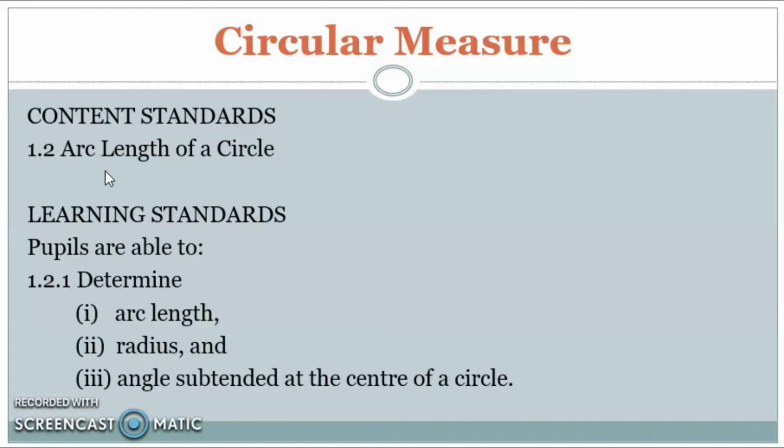Let us move on to the second content standard, that is length of arc of circle. This content standard has two parts. In this first part, we will learn to determine arc length, the radius, and the angle subtended at the center of a circle.